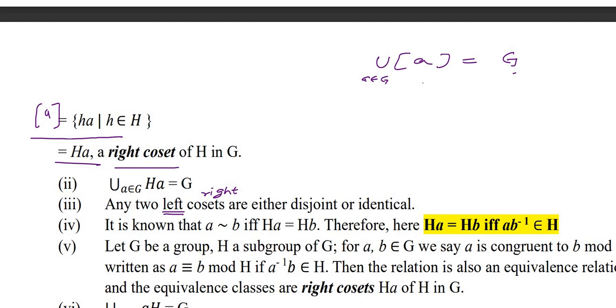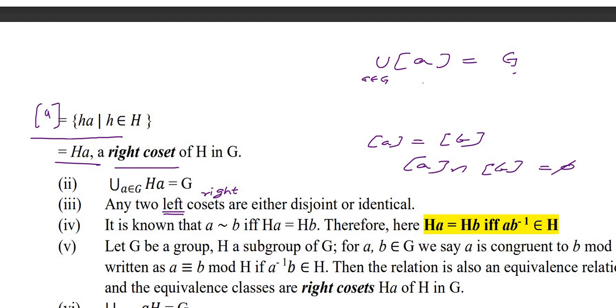That will be explained in a short while. So any two right cosets are either disjoint or identical, because any two equivalence classes are either identical or disjoint. So based on the equivalence class properties only, we are deriving the properties with regard to right cosets.